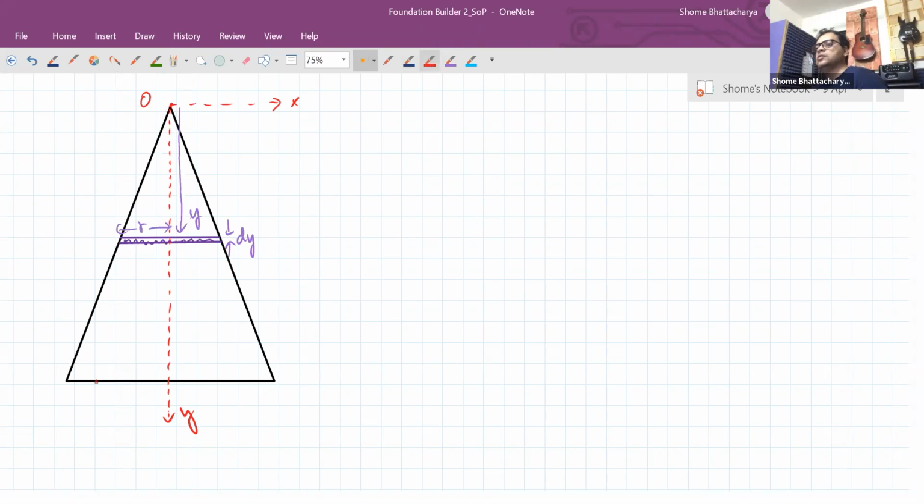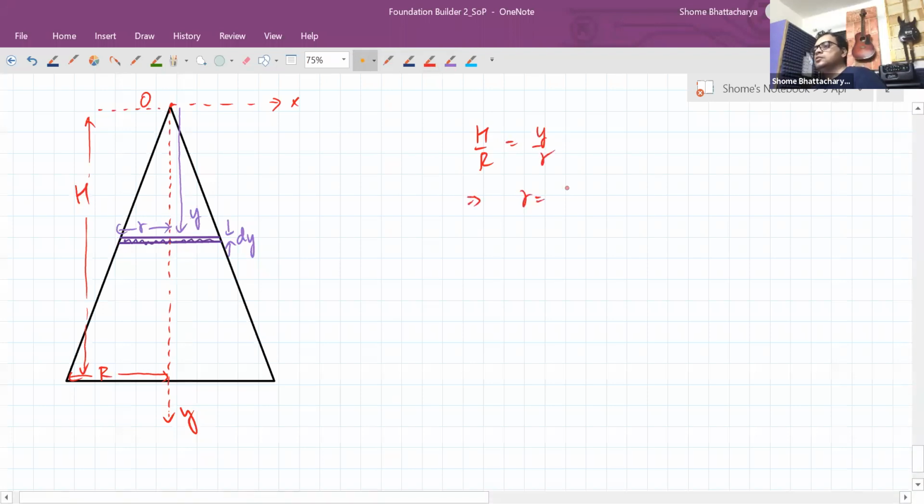So that will give us the similar triangle concept over here, that this radius is capital R, and this total height was capital H. So we can see that H by R is the same thing as y by small r. So the radius can be written as R by H times y.